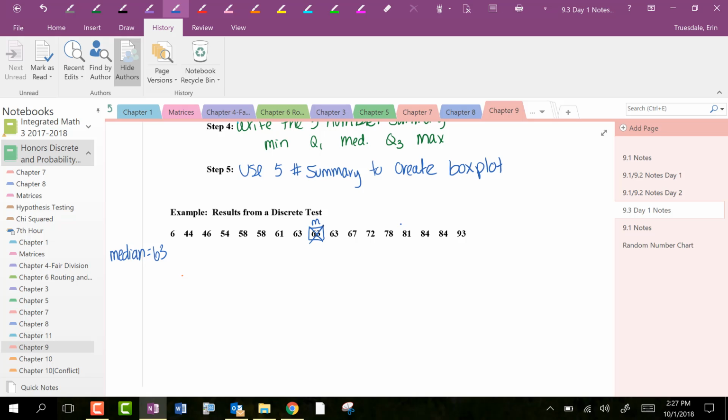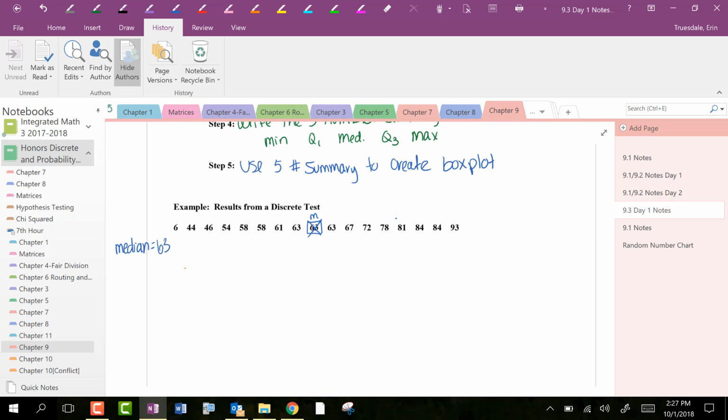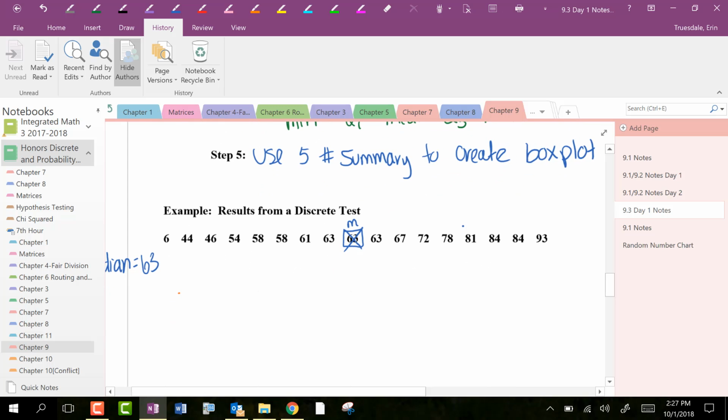Now we're going to find Q1, which is the median of the lower half. You took this median out, so you're just looking at these numbers, find the median there. Does the median fall between these two? Okay, so I need to find the average.